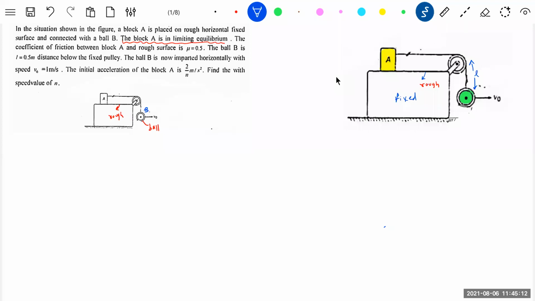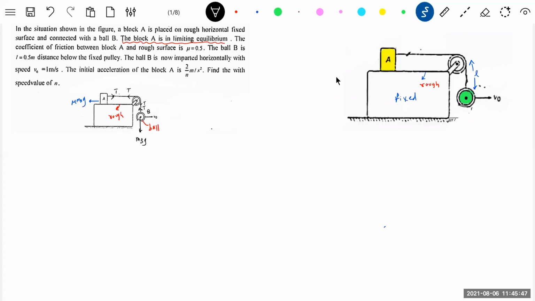Initially it's in limiting equilibrium. So what are the forces that are acting? On block A, mg will act, tension will act, and here friction will act. Directly let me write it: mu mg is the frictional force.